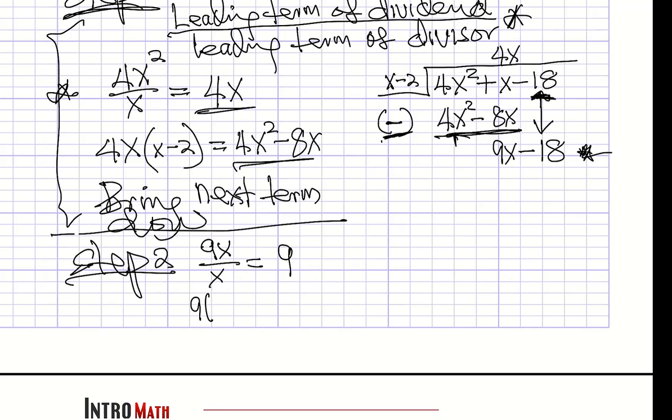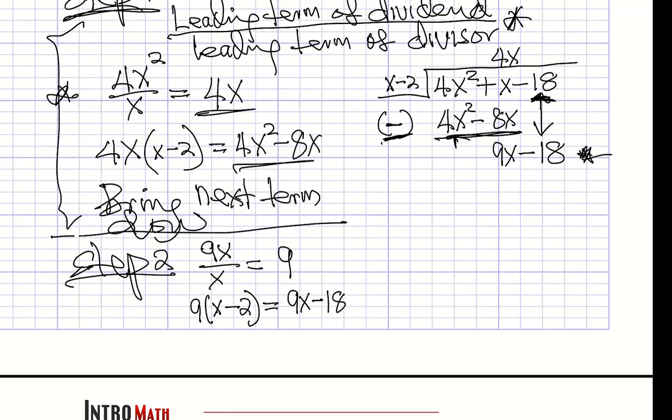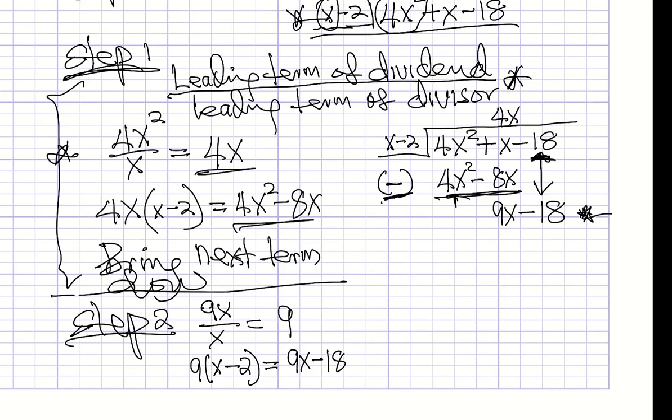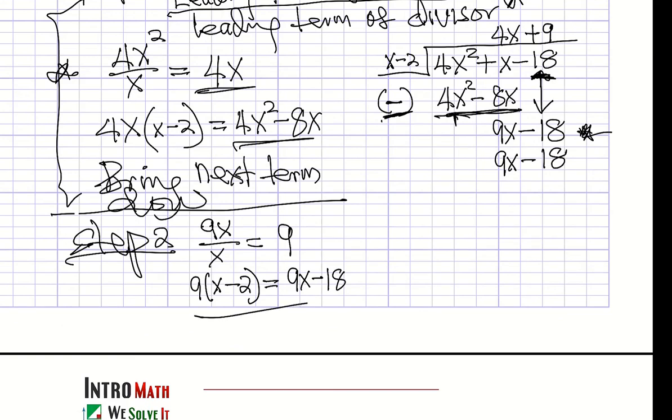We do 9 times the divisor, x minus 2. What is that? It's 9x minus 18. You see that, right? So we'll put that here. And then we'll put stuff where they belong. So here is positive 9. And then here is 9x minus 18. Okay, you see that, right? We got all that from here.